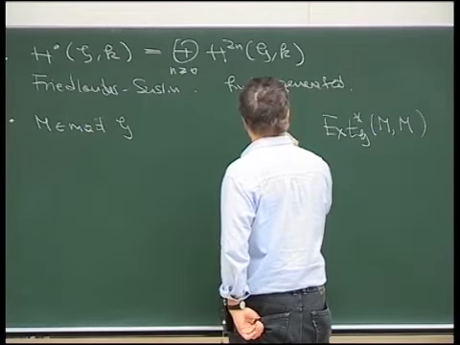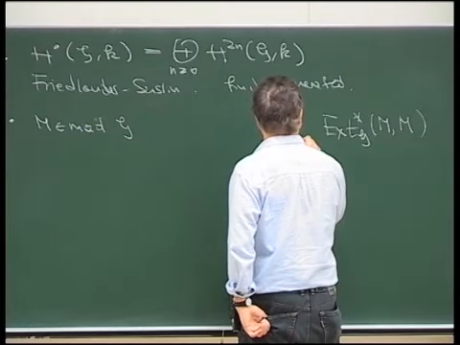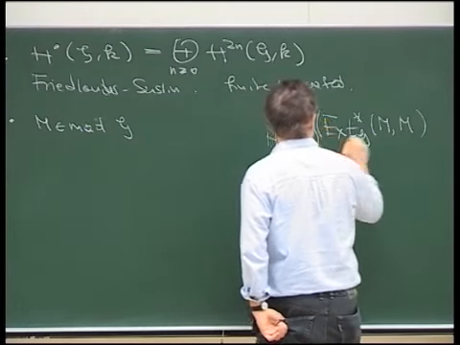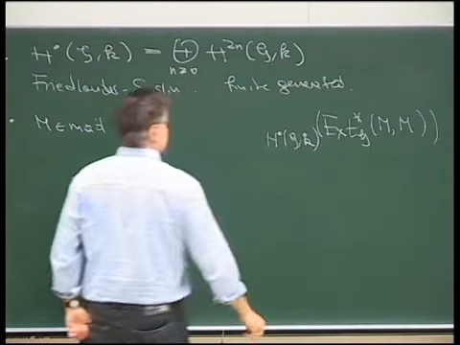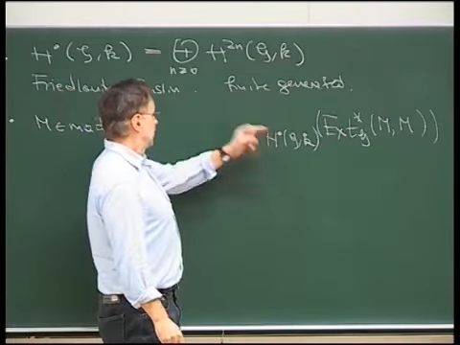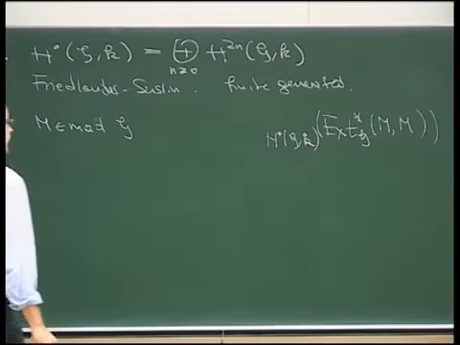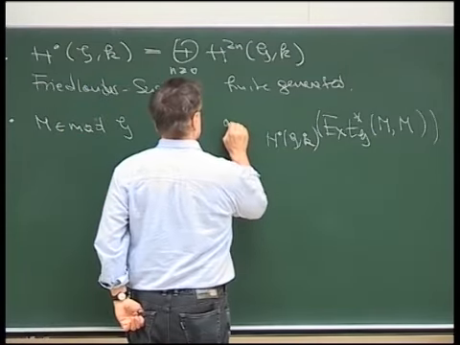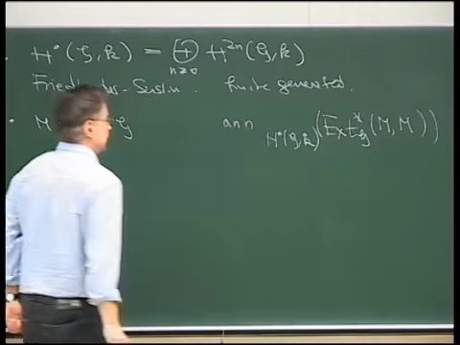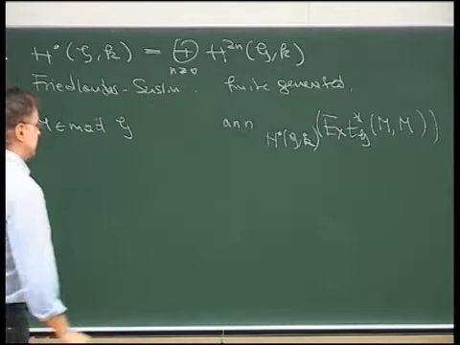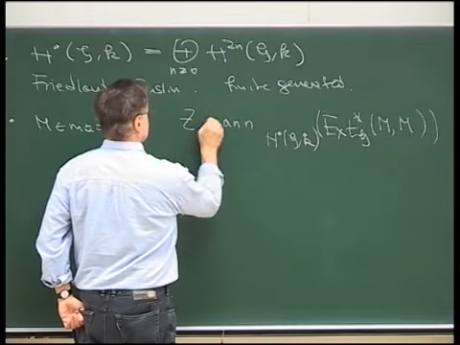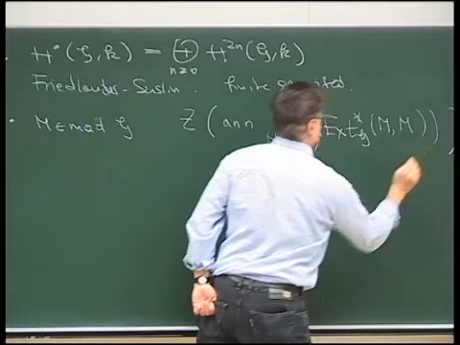And this Yoneda algebra of self-extensions canonically has the structure of a module over this finitely generated commutative algebra. And we're going to look at its annihilator and take the zero locus thereof.